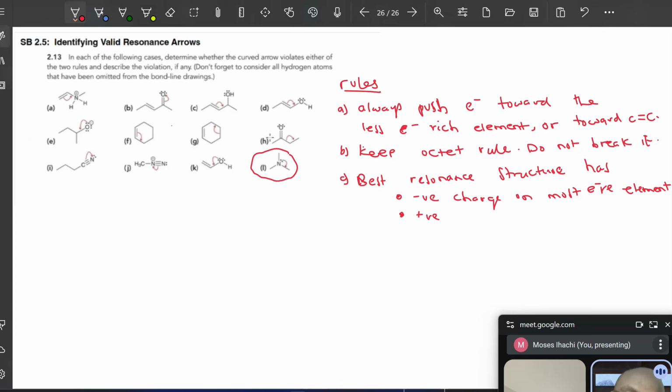Of course, the opposite, positive charge on the least electronegative element. And then it should be having minimized charges.